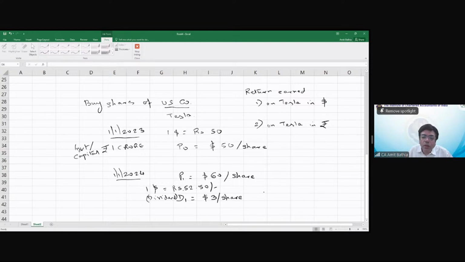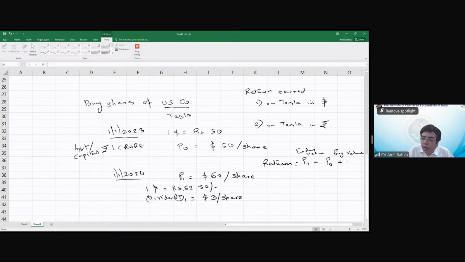So how do I calculate return now? What is the formula of calculating returns? We generally say it is P1, the ending value, minus P0, which was the beginning value, right?